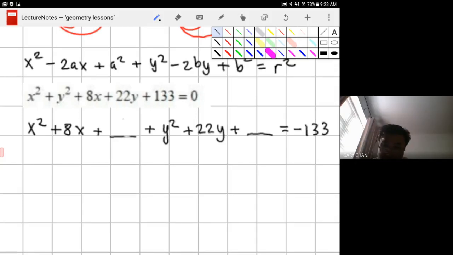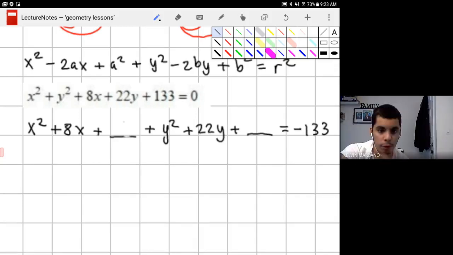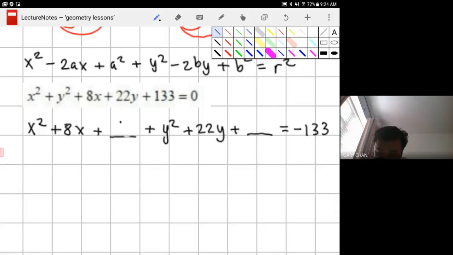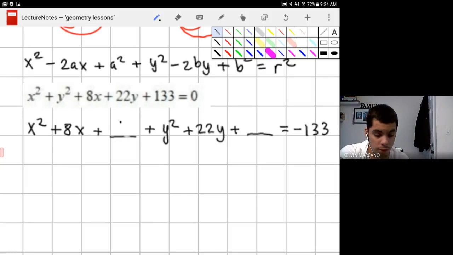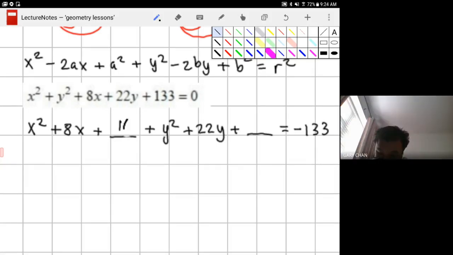And then we square it, 4 squared, so 4 times 4, 16. So this is going to be 16 here.